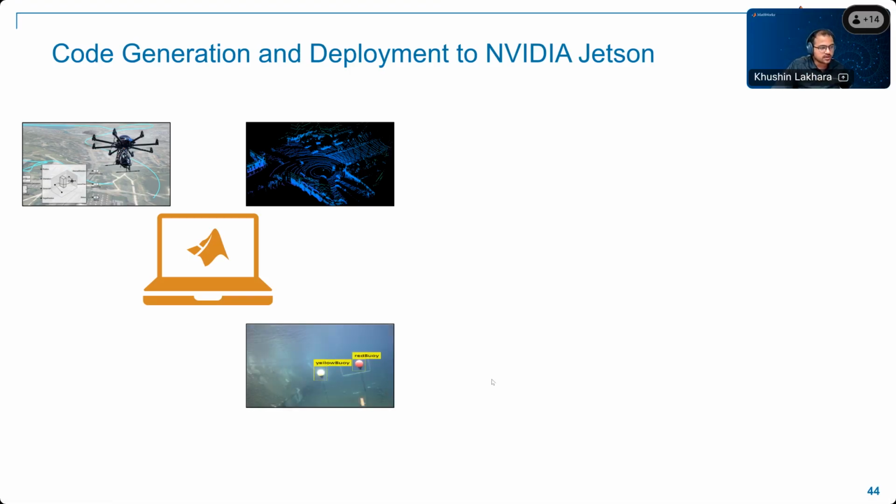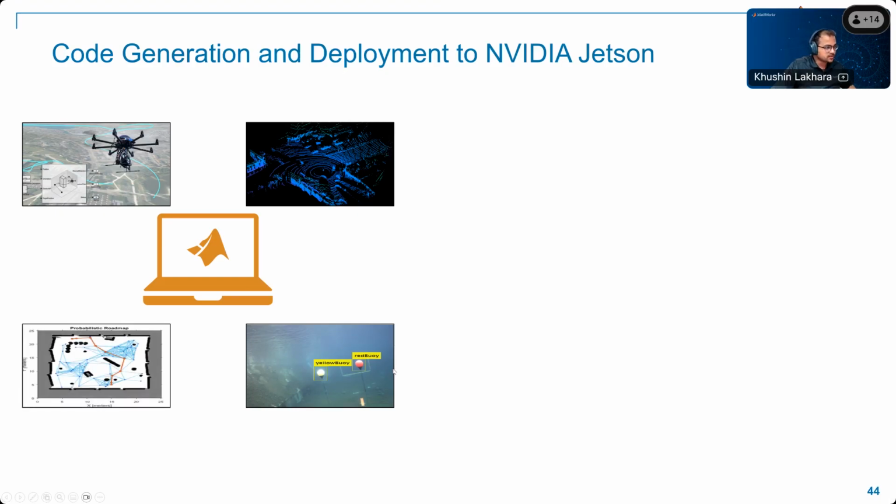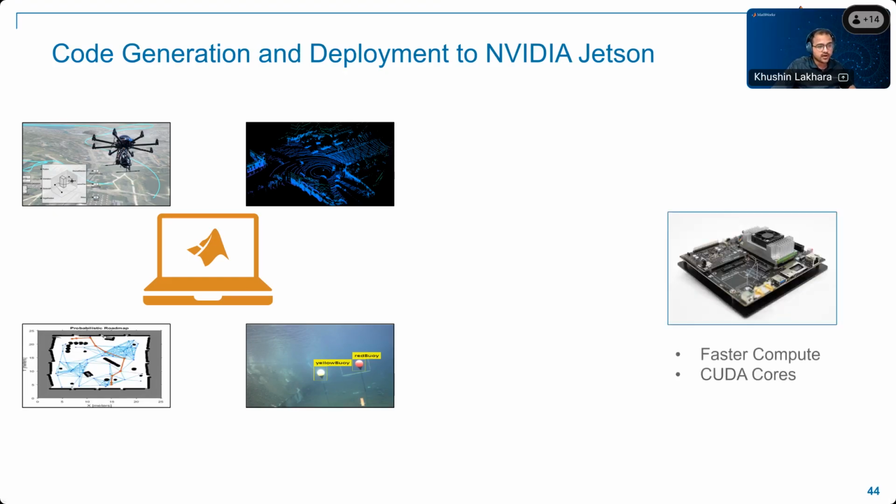For example, if you need to identify objects, like whether it is a red buoy or yellow buoy, or other missions where you are working in a closed environment with a lot of obstacles and you need to do your own path planning, you can work with your NVIDIA Jetson, generate your CUDA code, and deploy it on your hardware.